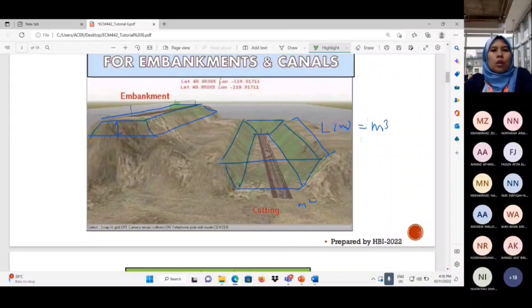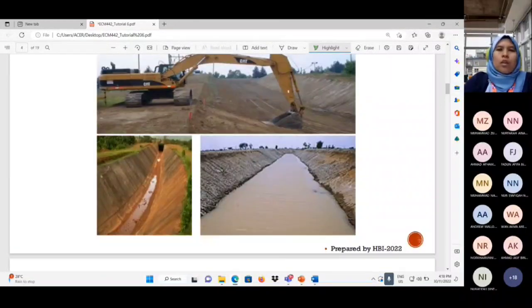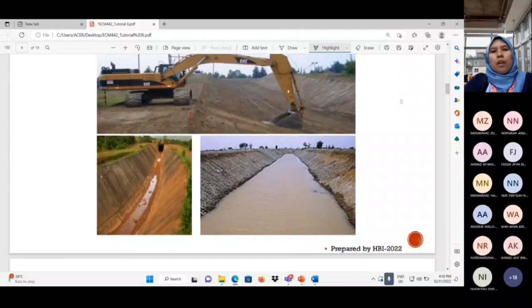When we talk about covering the area, the term yang kita akan gunakan adalah turfing. So the turfing materials, kita sebenarnya nak kira turfing materials punya harga. Tapi basically harga turfing materials ni depends on the area. So sebab tu kita kena tahu area untuk kita cover with the materials.